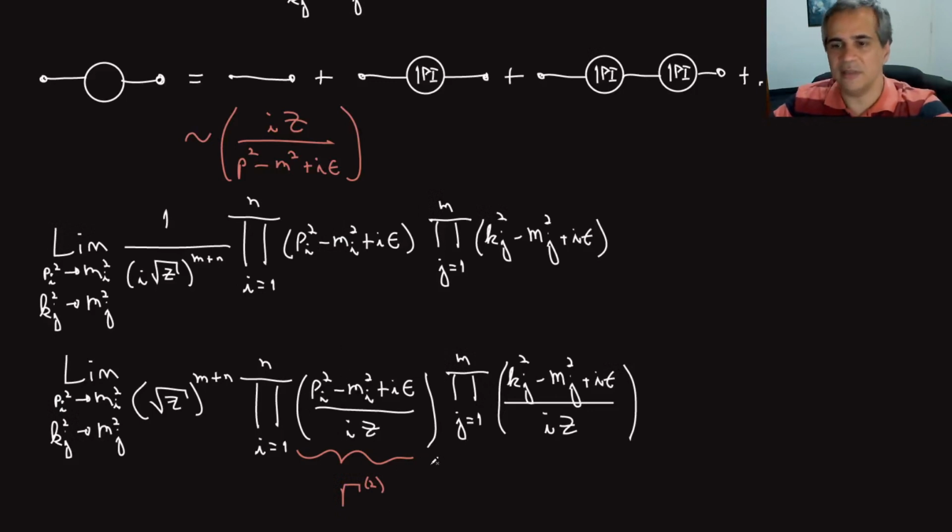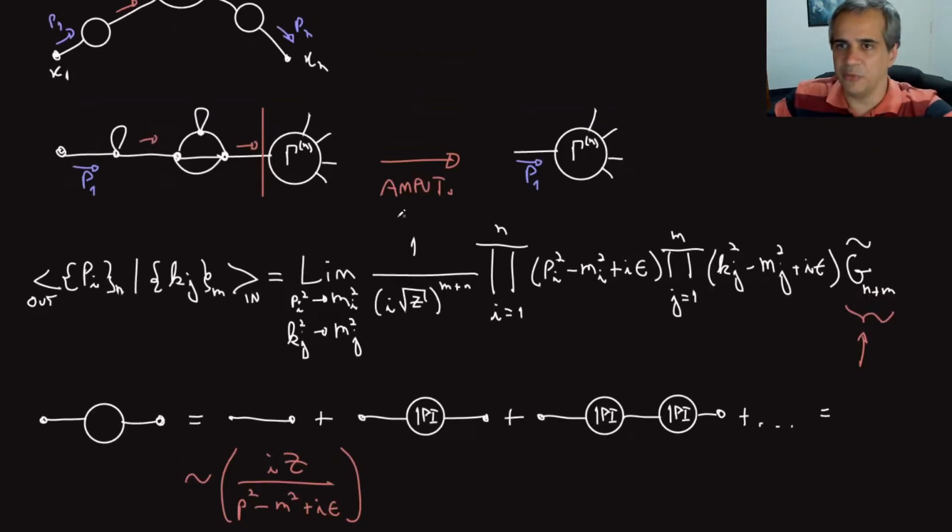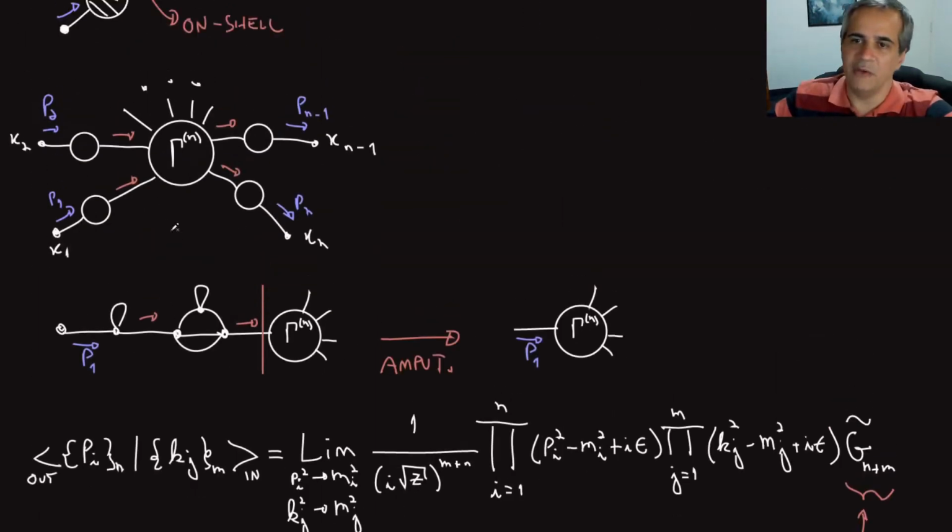That's the expression for gamma 2 near the pole. So really, what the LSZ formalism, the reduction formula, is actually doing is removing not just this guy, it's removing the whole sum, the whole thing. In other words, it is amputating. When I apply LSZ, I'm cutting this thing right here.